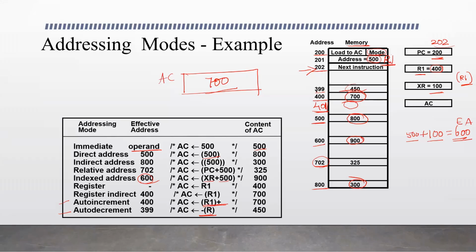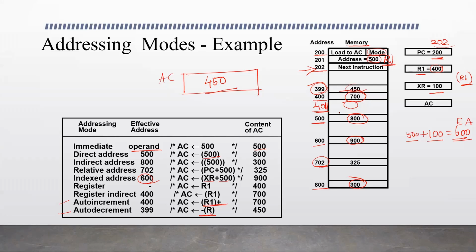When it is decremented, the effective address becomes 399, and the content at that location is 450. So in the accumulator, we will have 450 in auto decrement mode. This is because in auto decrement mode, the content of the register is decremented first, the address is decremented, and then the operand is located at that location.